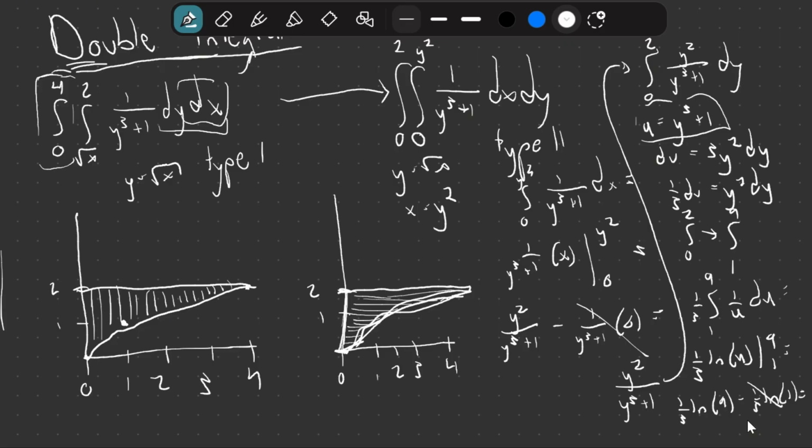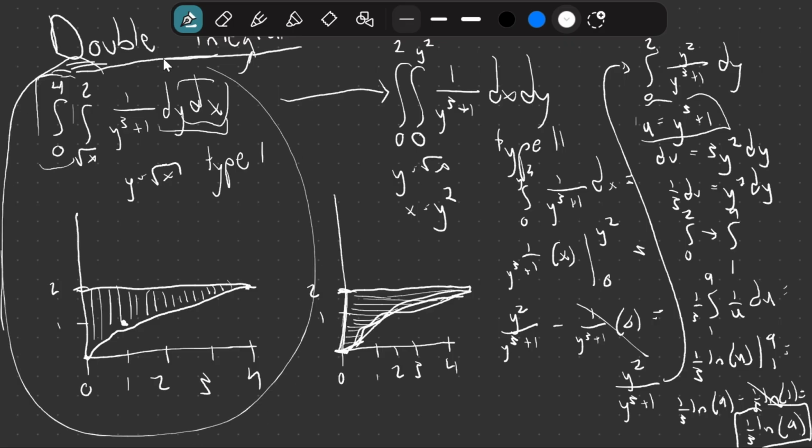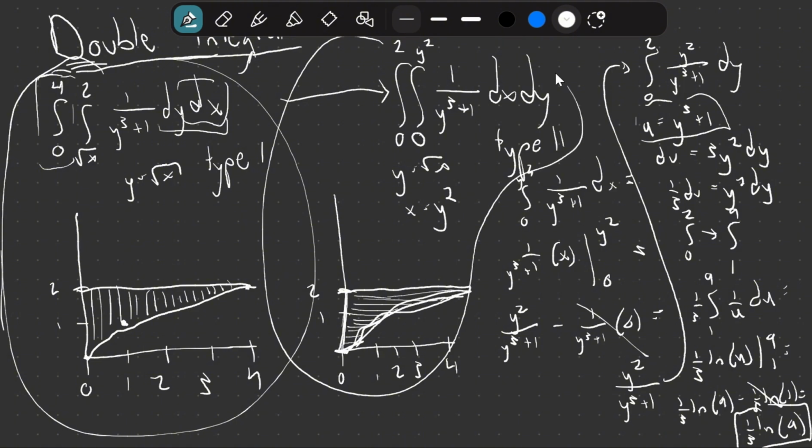So this term cancels out, leaving us with a final answer of 1/3 ln 9. And that is how you solve the double integral by switching the order of integration from a type 1 to a type 2, and then all this math to actually solve the integral, which gives us a final answer of 1/3 ln 9.